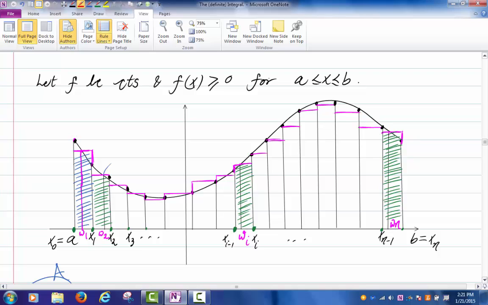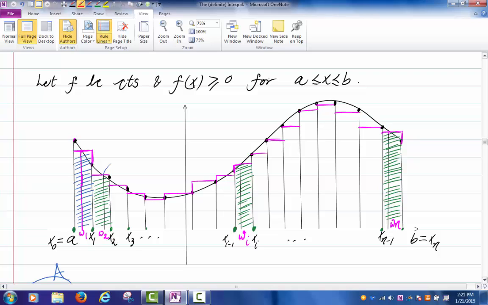So can I say that the total area of these rectangles is an approximation of the area below the graph of f above the interval from a to b? The area below the graph of f above the interval from a to b can be approximated by that Riemann sum, given that n is big. Now think about this.